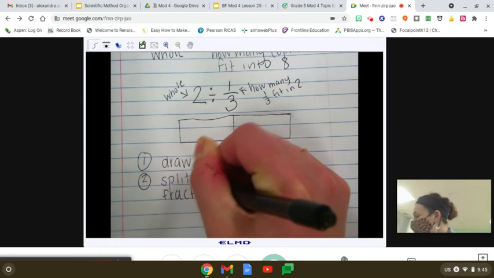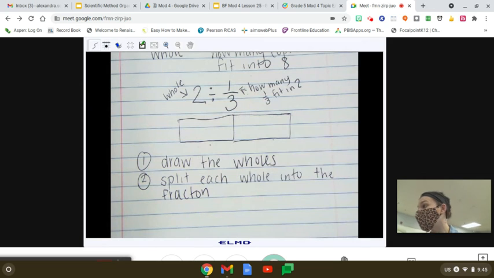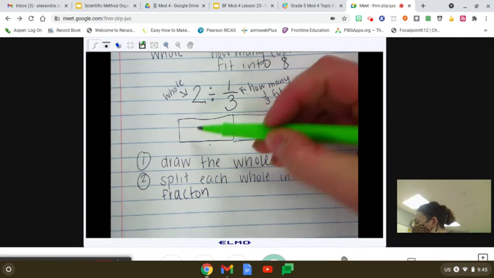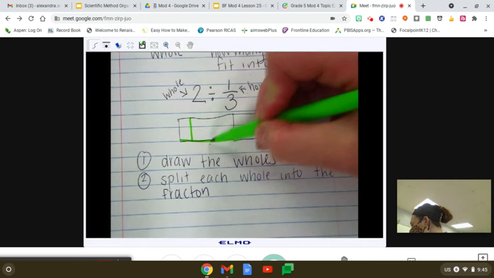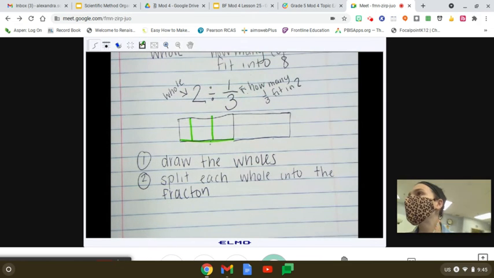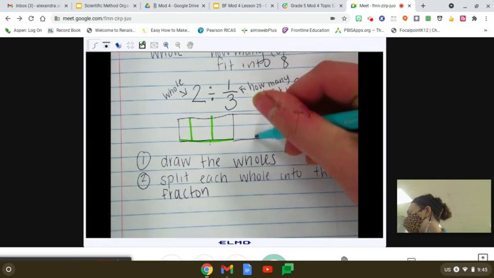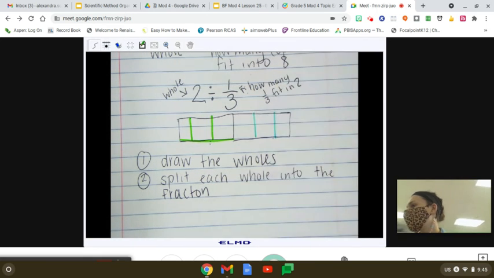If I'm looking for thirds, I would split this whole into thirds. And then I would split my second whole into thirds. So now I have both wholes split into thirds.